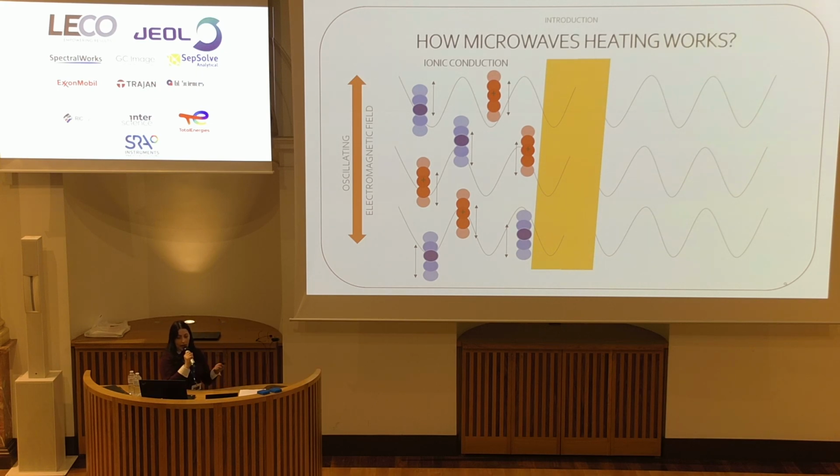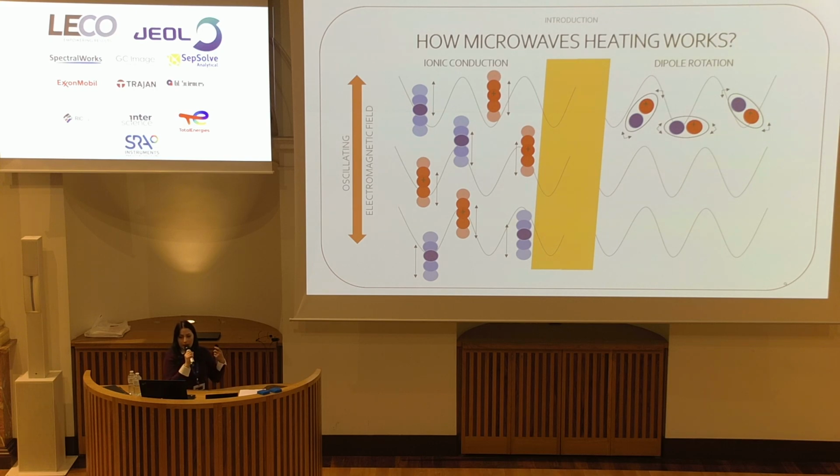Something similar happens with the dipole rotation, but in this case, we have molecules in the sample solution that can have a permanent or induced dipole that are randomly oriented in the sample solution, but when microwave energy hits, they try to orient themselves in phase with the oscillating electromagnetic fields. And so once again, this movement causes friction and then heat.